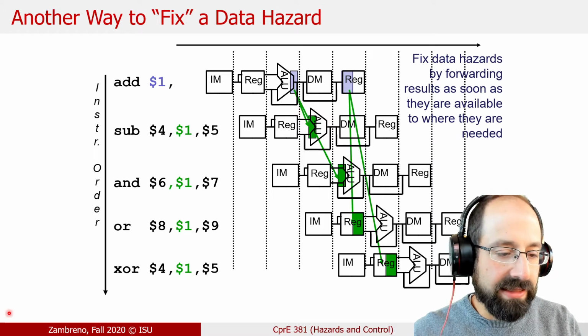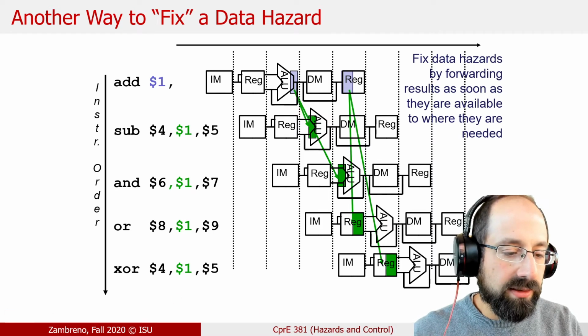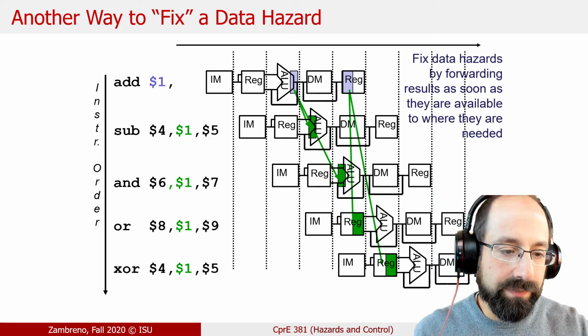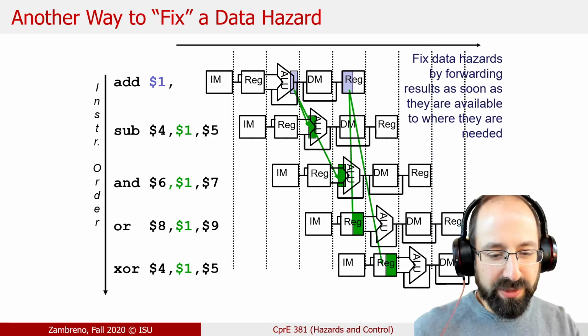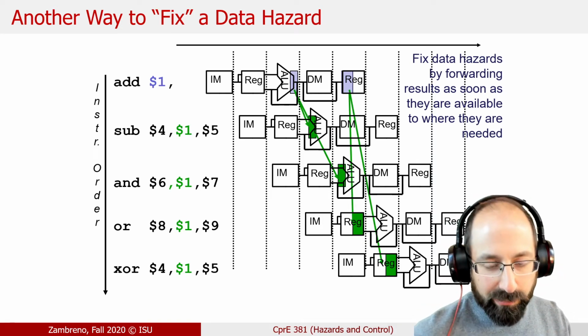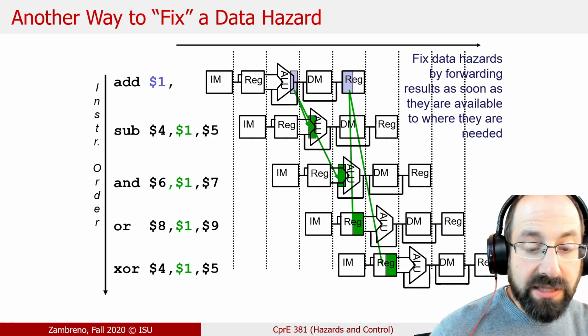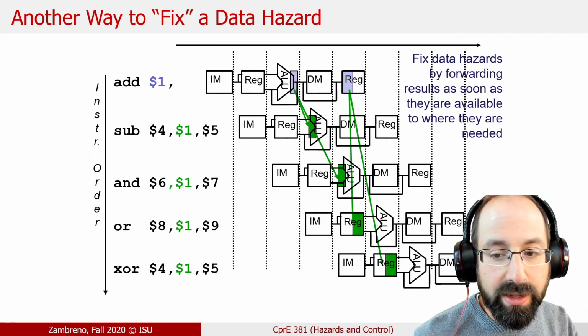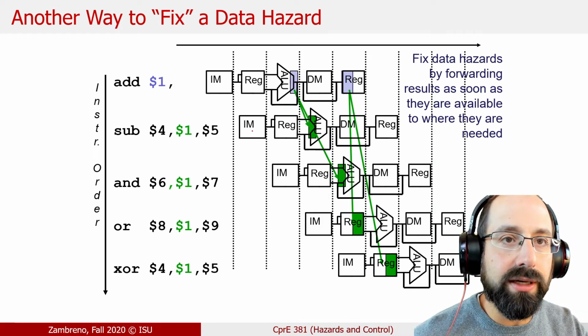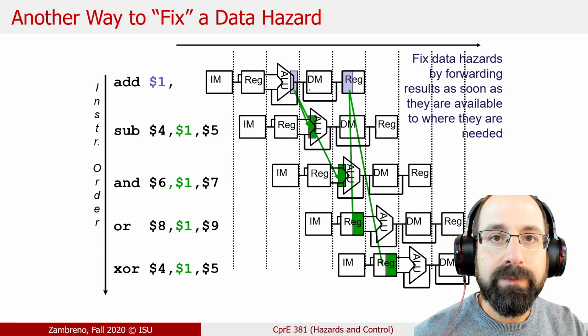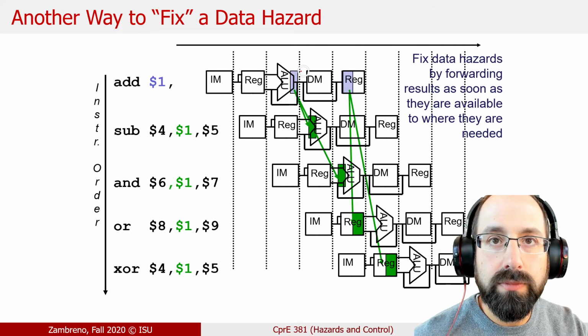Let me draw that because I think that's maybe a subtle point. So this diagram is showing logically what's happening when we're doing that forwarding. But those green arrows don't exist in your diagram, right? That's logically how data can potentially get forwarded through time to get to the value where it's needed in your data path here. The value is knowable right here.